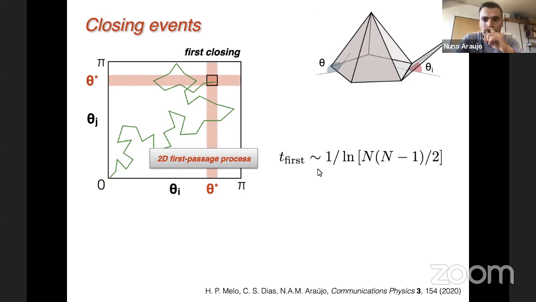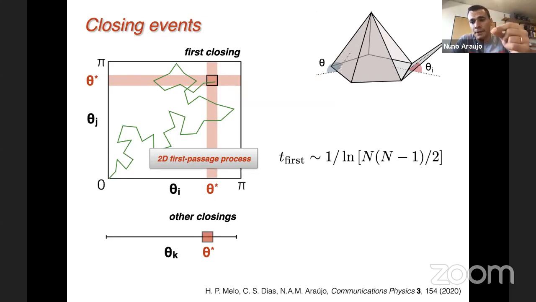If you now do the same for the remaining closing events, so once this closing occurs, now all the other faces can connect to these two faces that are already closed. And for simplicity, we will assume that they can even close here at the top of the pyramid. And so if you do that, what you have now is a set of one-dimensional random walks that are basically the other faces, that are moving around, but the first time they visit the closing angle, they will bind to the other faces that are already closed.